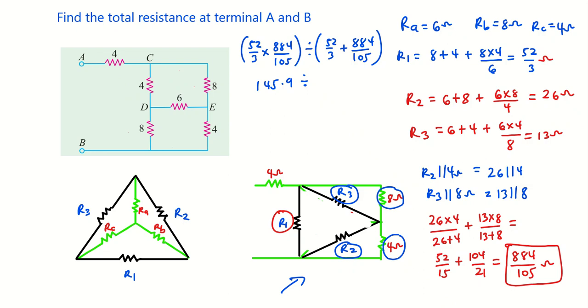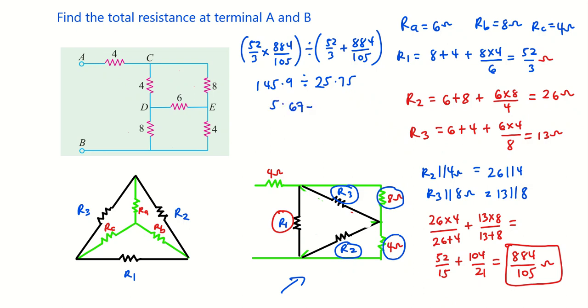That also gave me a value of 25.75. So now let's do a division. You have 145.9 divided by 25.75.